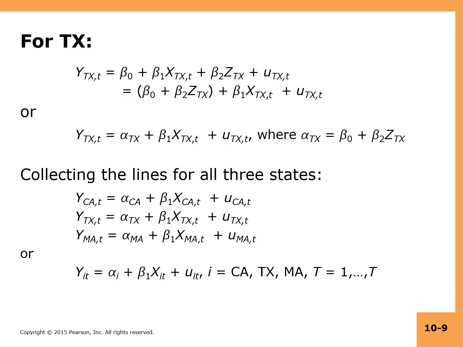So we can do the same thing for Texas. If you want to estimate a regression line for Texas, basically you have this intercept term that is unique, and when you look at the regression line for all three states, what you get is a unique intercept for each state, but your slope beta 1 actually remains consistent. So you can rewrite this regression line in general form.